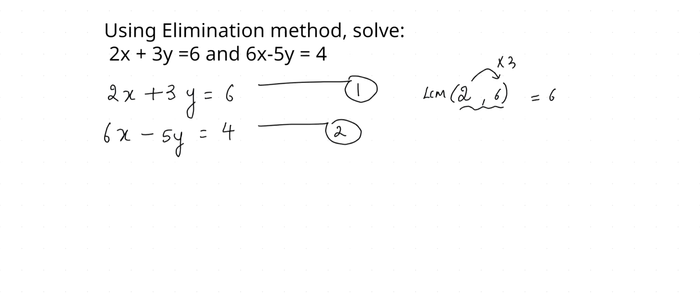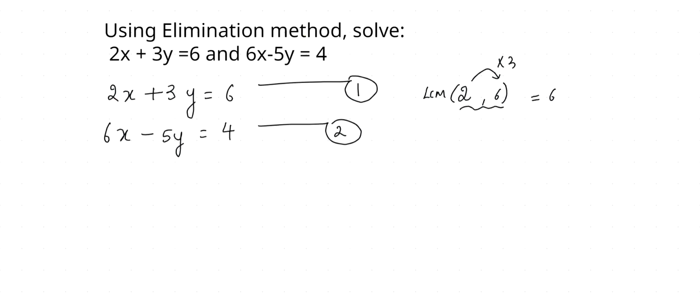So all you have to do is ensure that you have the coefficient of x as 6 across both equation 1 and equation 2. Equation 2, no problem, because you already have the coefficient of x as 6. But in equation 1, the coefficient of x is not 6, it is 2. So I need to change it. I need to make it 6. How do I make it? Just by multiplying that 2x by 3?